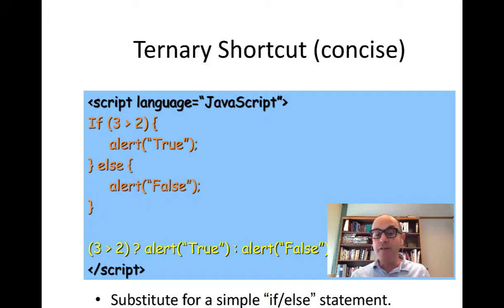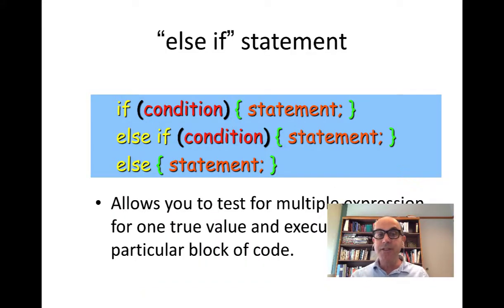The else-if statement is the substitute for a single if-else statement, and it goes like that. If a condition, statement, and else if the condition, statement, else the condition. So you basically test multiple expressions for one true value and execute a particular block of code.